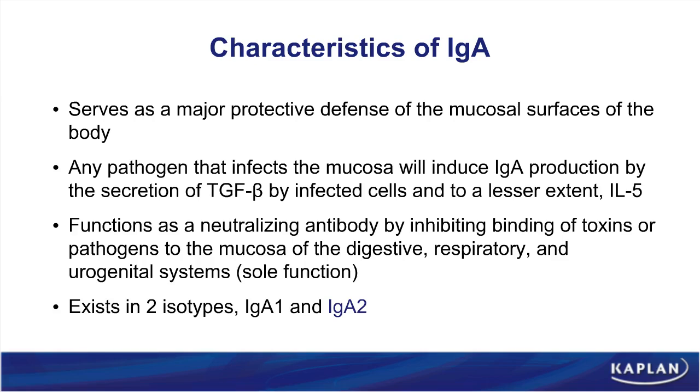Just so there's no confusion, you only find IgA1 in significant levels in the bloodstream, and it is always in its monomeric form, versus IgA2, and this is the one I would circle for the mucosa, it is the IgA2 we find on the mucosal area, and it is always going to be dimeric.